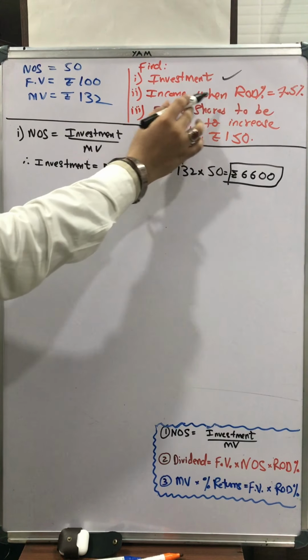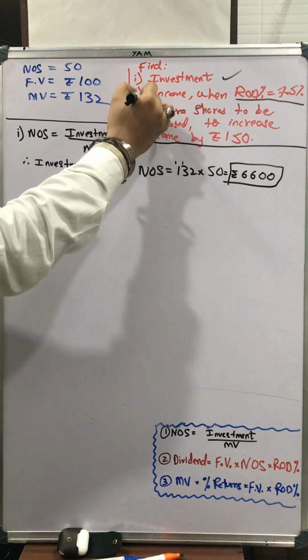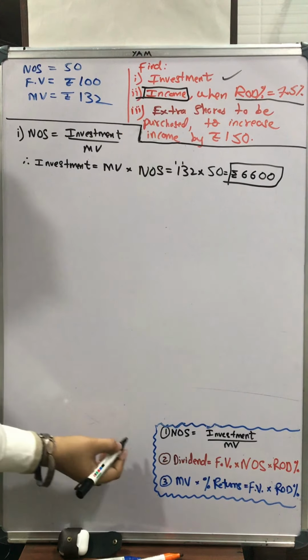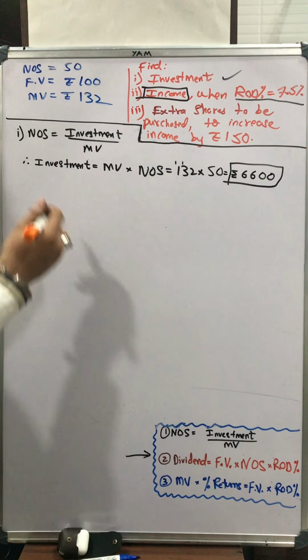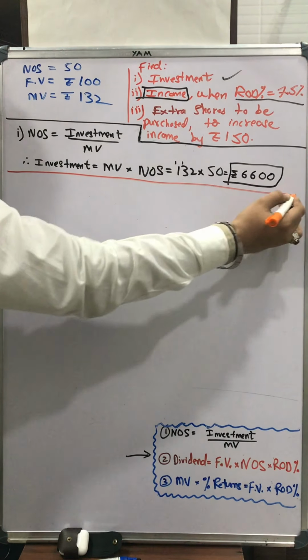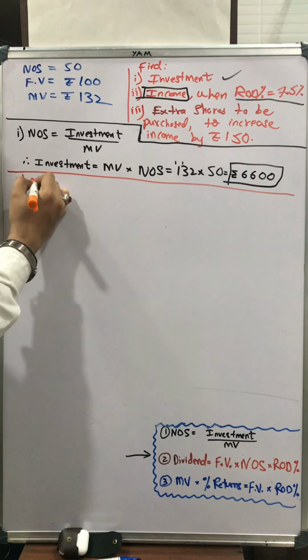Next, income. When rate of dividend is 7.5%, income. Students, what's the formula for income? Income is nothing but the dividend. It's another name for dividend. So let's apply now the formula of dividend, but I will write the word income only over there. So second sub question, dividend.